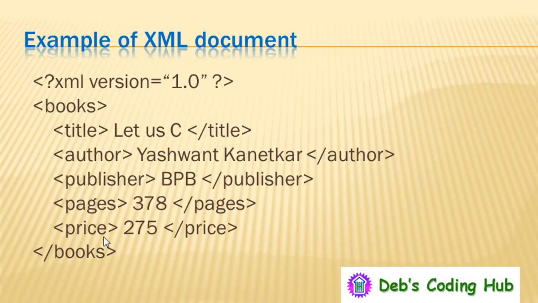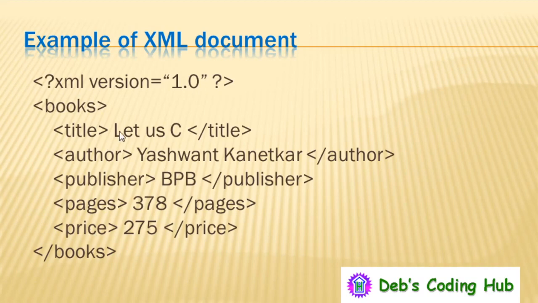The one book contains 5 sets of information. In this case, book is containing title, author, publisher, pages, and price.